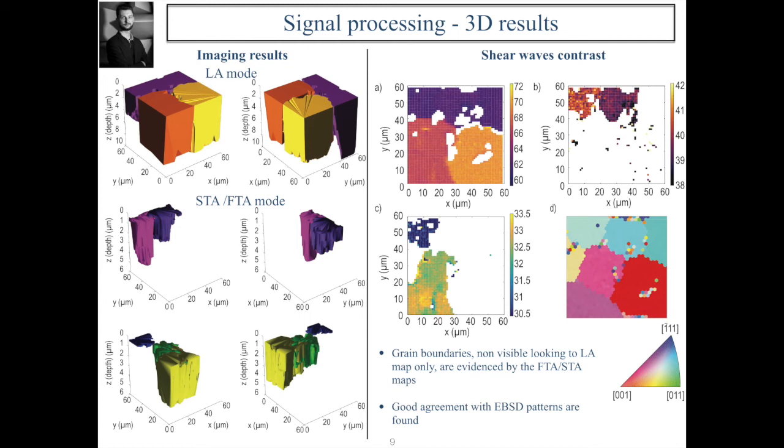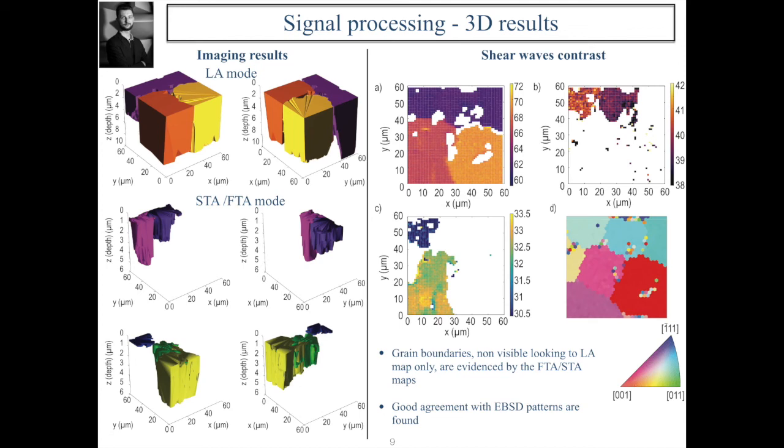The enhancement of grain resolution by shear waves is due to the stronger anisotropy. These results are in very good agreement with the EBSD patterns that were done on the same scan area. These results highlight the key role of generating and detecting shear acoustic waves for a complete imaging of our samples.